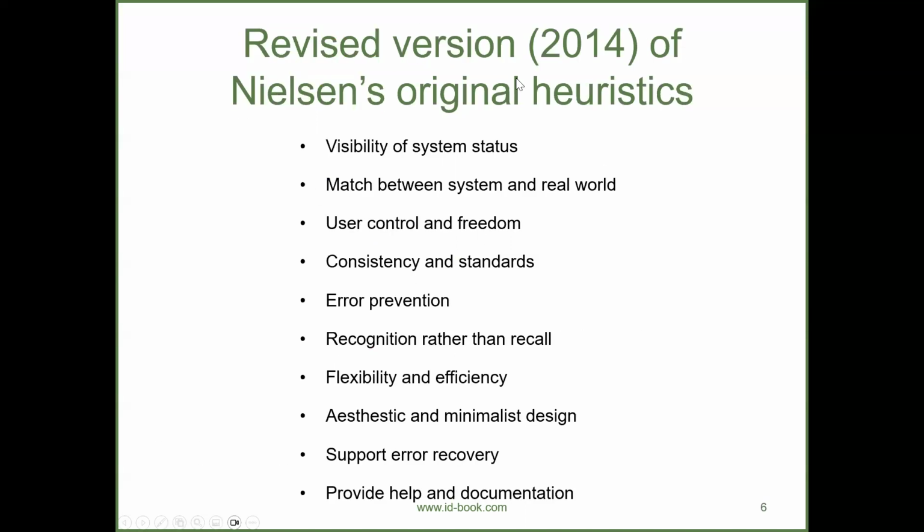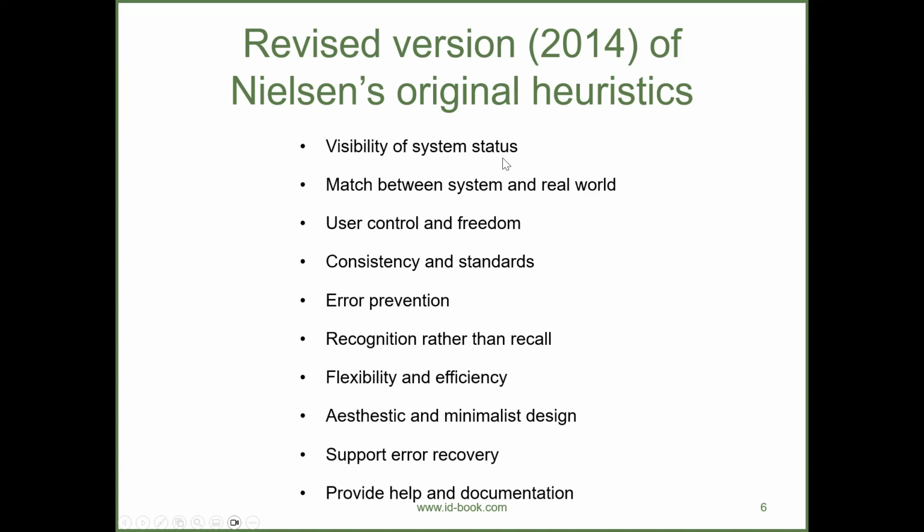These are the revised version from the year 2014, by Nielsen. The revised version of Nielsen's heuristics includes the first one as visibility of system status, then match between the system and the real world, user control and freedom, consistency and standards, error prevention, recognition rather than recall, flexibility and efficiency, aesthetics and minimalistic design, support error recovery, and provide help and documentation. So these are the 10 guidelines using which a heuristic evaluation is carried out for any digital product.